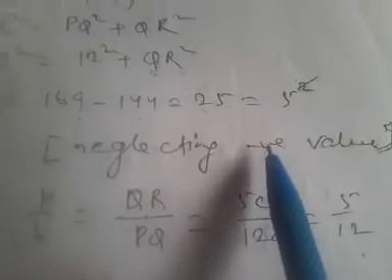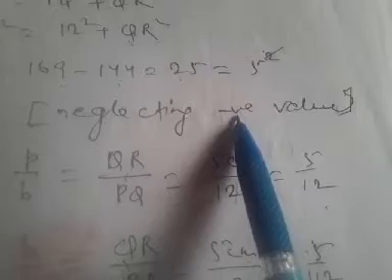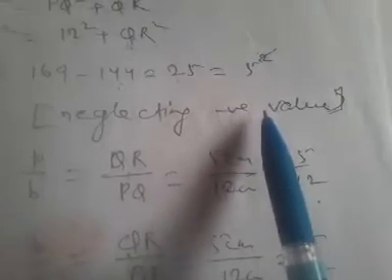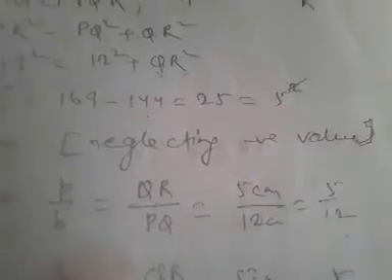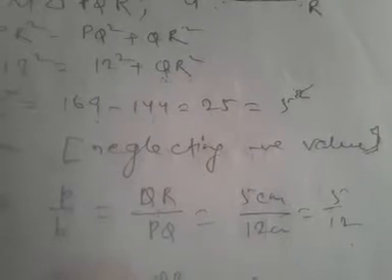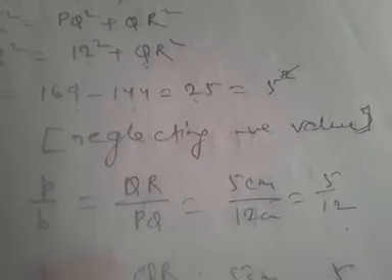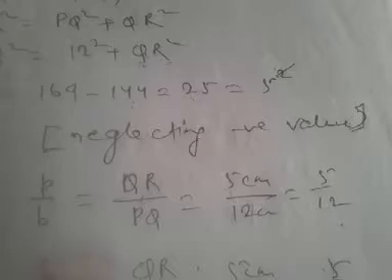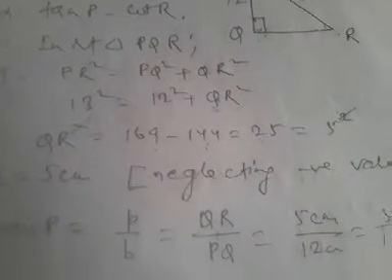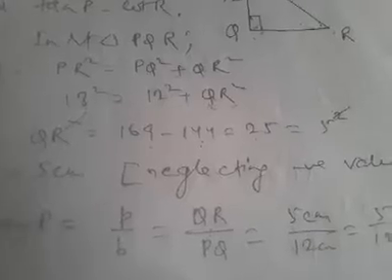Whenever you find the square root of any number, you will get two values, a positive value and a negative value. So whenever you are having these types of questions, if you write that neglecting negative value, it is okay. Even if you do not write it, it does not create a problem, but you should try to write it, because QR square is equal to 25, which is the true value.